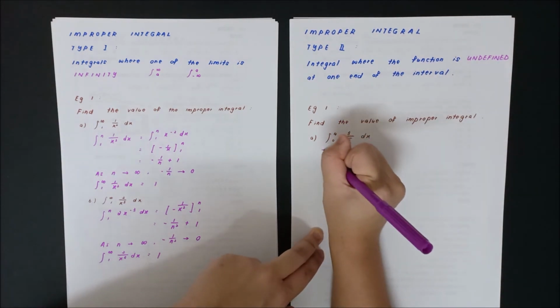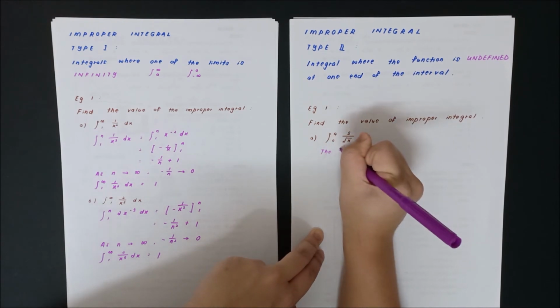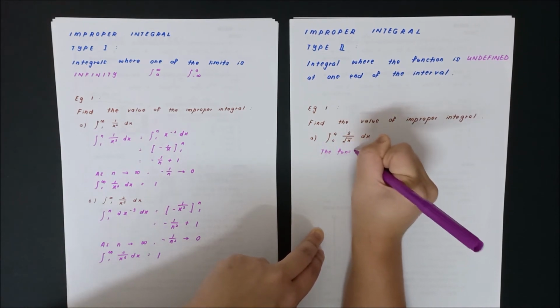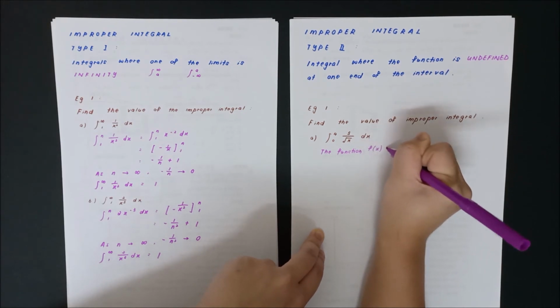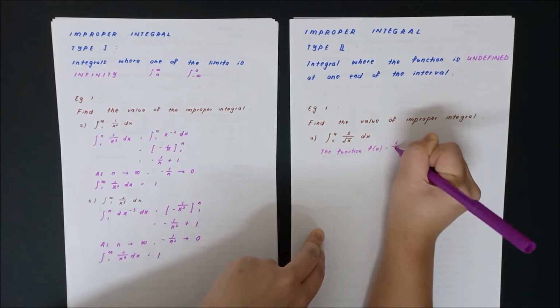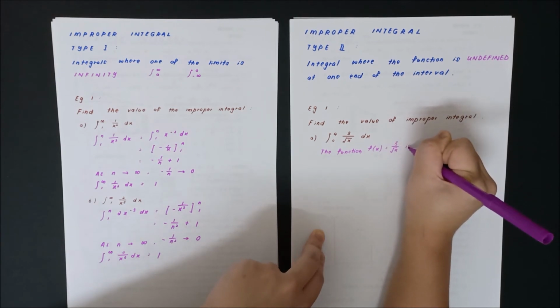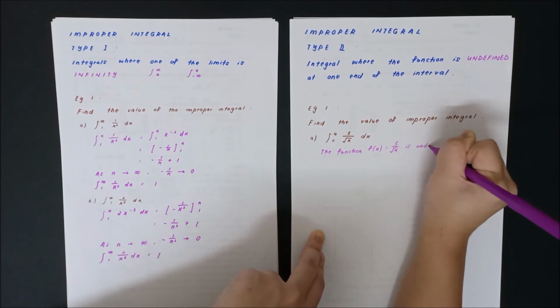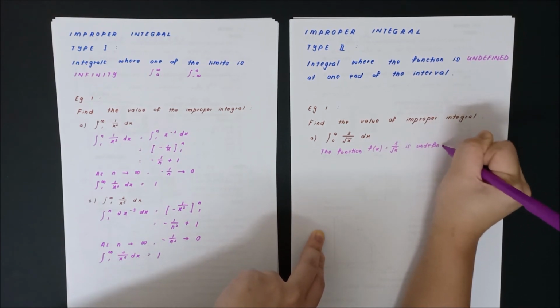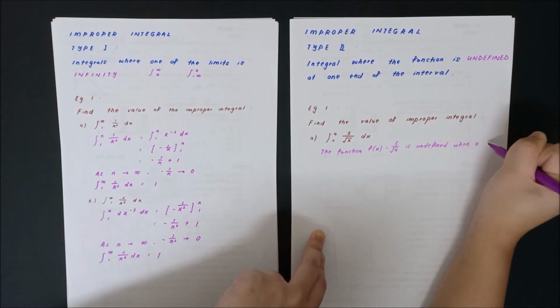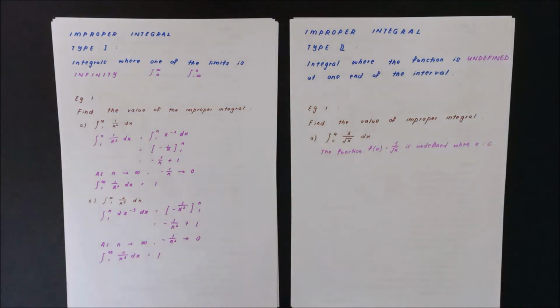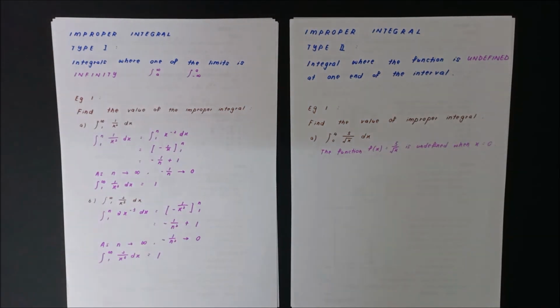So we write down that the function f(x) equals 5 over square root x is undefined when x equals 0. Meaning that when we substitute 0 here, we will get an undefined answer.